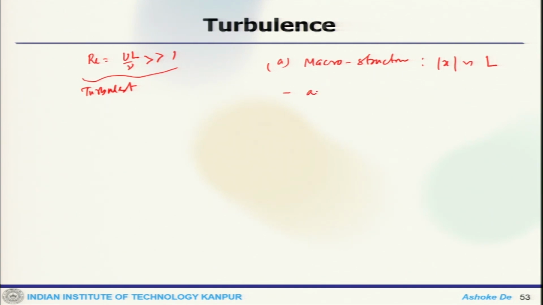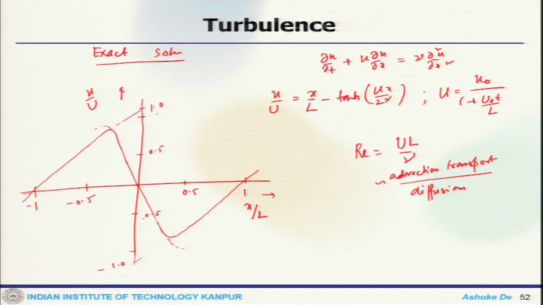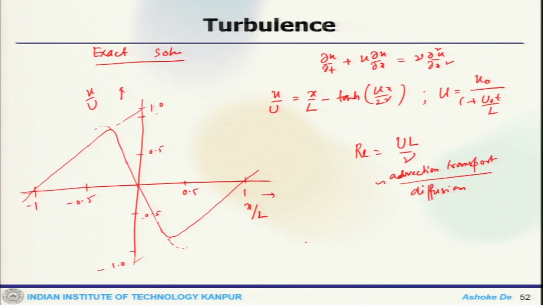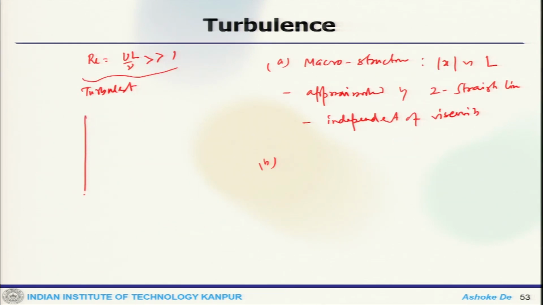So, it can be approximated by two straight lines, and this is independent of viscosity. So, we can actually approximate it by two straight lines when it is a macro structure. So, one can mark this, or rather we can recreate the same plot here.